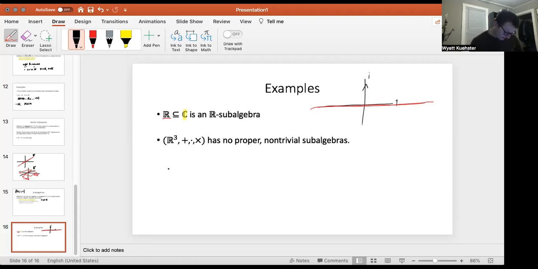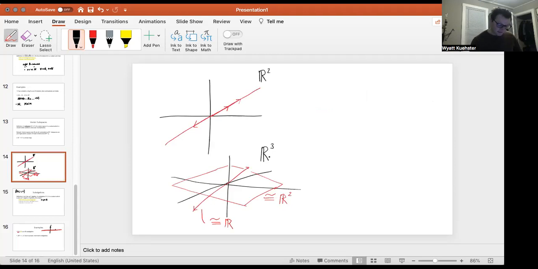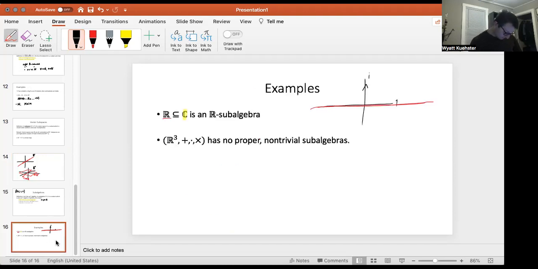Because remember that the vector subspaces of R3 are either planes or lines. And if I want it to be closed under multiplication, I have to take two vectors, V and W, in R3, and I want V cross W to be in the subspace. But V cross W is perpendicular to both V and W.